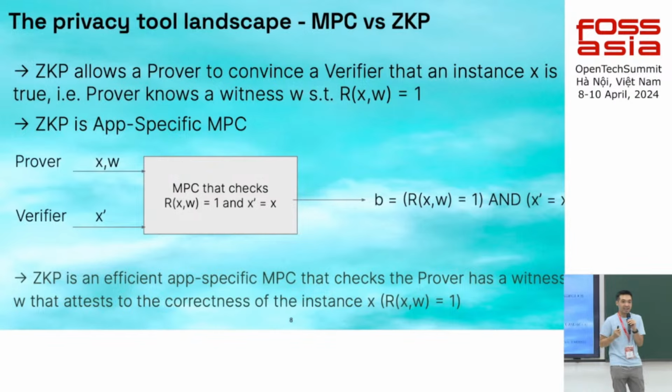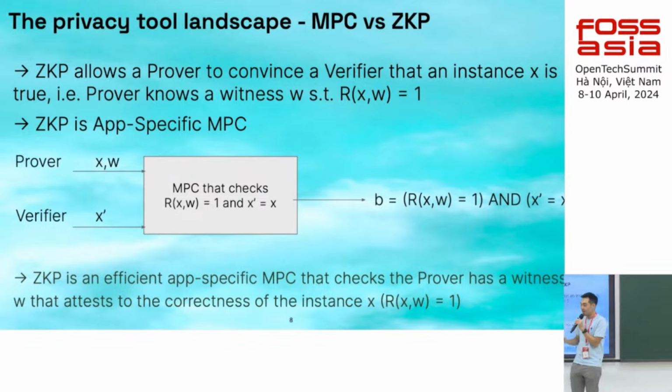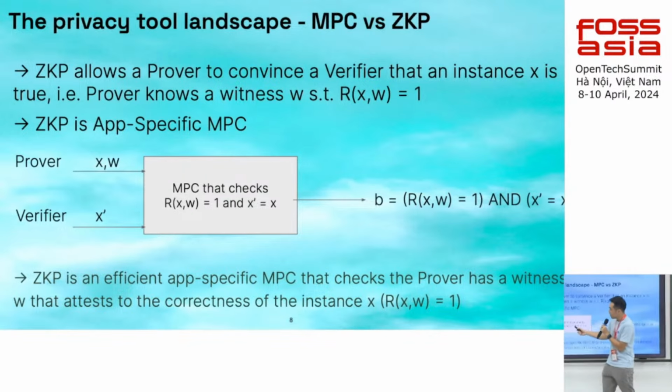Ở đây mình sẽ thấy trong cách nhìn đối với ZKP như vậy, ZKP rõ ràng là một ứng dụng cụ thể của MPC, đúng không? Mình nhìn vô cái box này đi, lúc này trong cái hộp mình cũng có hai bên, một bên là prover, một bên là verifier. Bên prover sẽ đưa bài toán và lời giải, còn bên verifier chỉ nói đây là bài toán mà tôi quan tâm, x phẩy. Cái hộp này sẽ kiểm tra hai thứ. Thứ nhất, lời giải W là lời giải đúng của x.